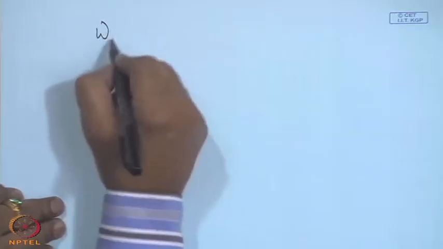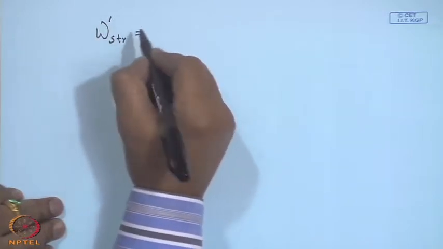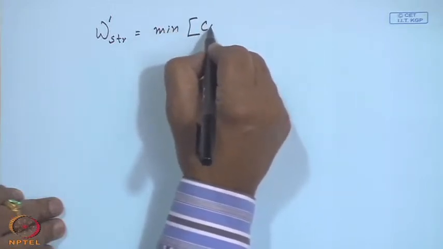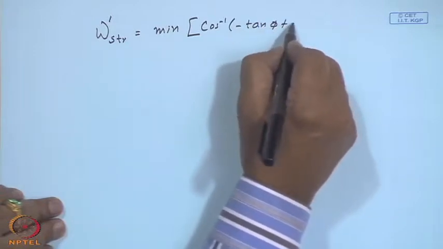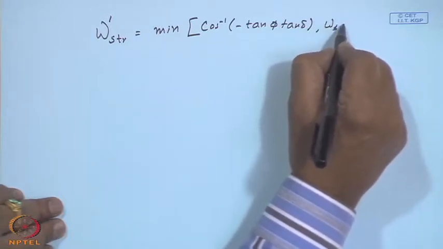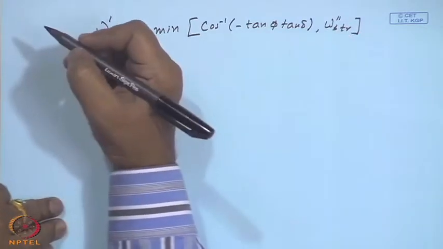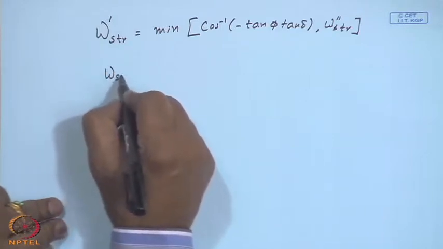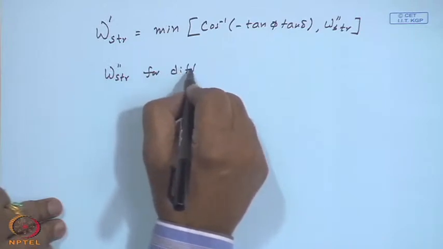So, in our standard notation omega S dashed, but for a tracking surface it will be the minimum of cos inverse of minus tan phi tan delta, and this number omega S TR double prime. Now, we need to find out omega S TR double prime for different tracking modes.